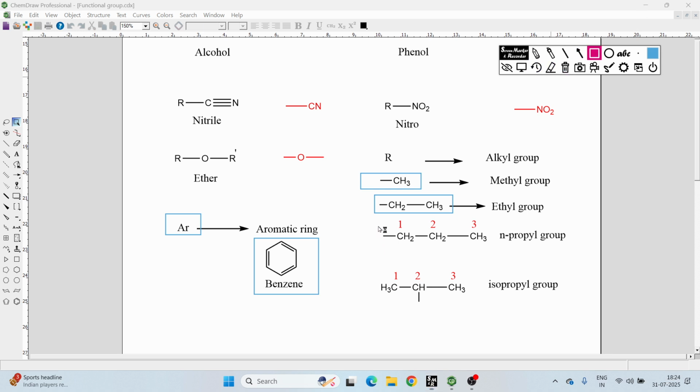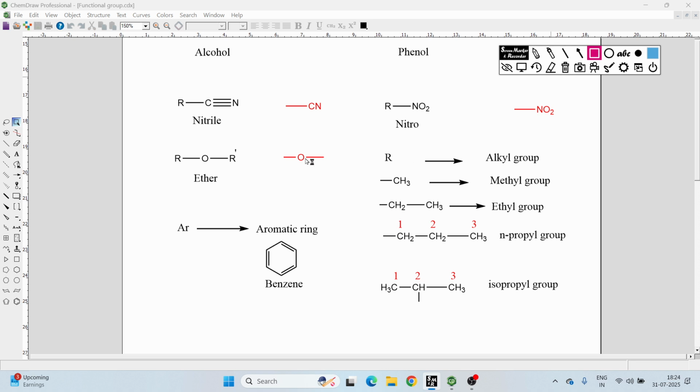Because you can see this bond is here on carbon atom 1, and here your free valency is on carbon atom 2. So the free valency here being on carbon 2, it becomes isopropyl. Ar is nothing but aromatic ring, and the simplest of the aromatic rings which we can have is benzene ring. I hope you understand this nicely.